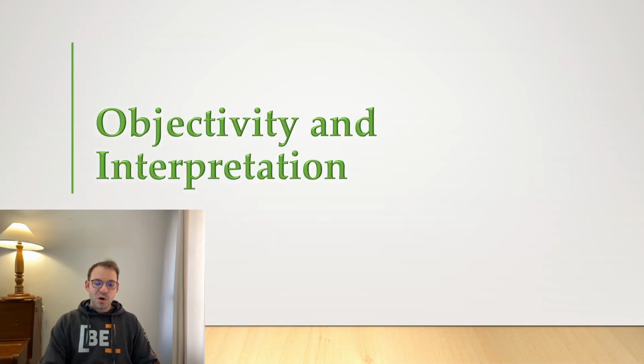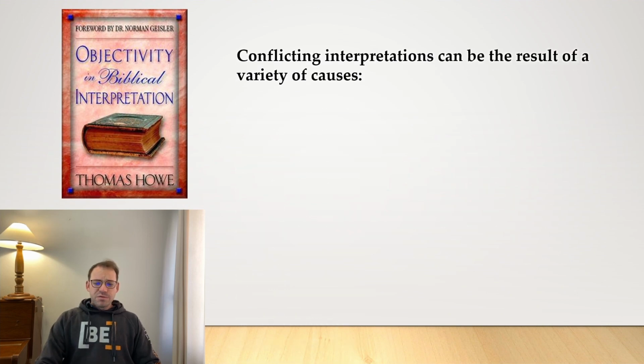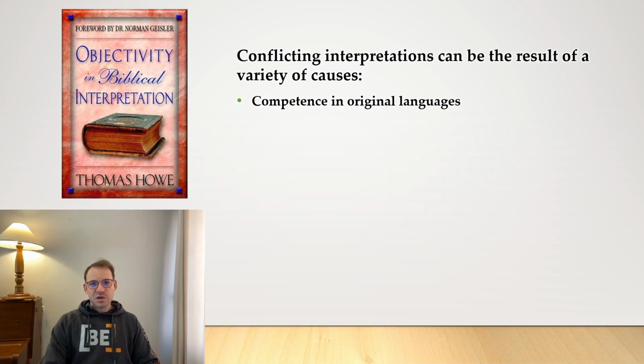Then he goes on to objectivity and interpretation. Now, conflicting interpretations can be the result of a variety of causes, and he mentions a few. Of course, there's probably more than this, but he mentions, for example, competence in original languages. A scholar in the original Hebrew or Greek of the biblical text will be more equipped to interpret some difficulties in the biblical text than someone who is not schooled in the biblical languages.